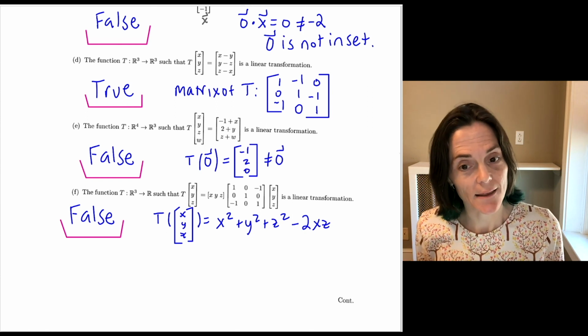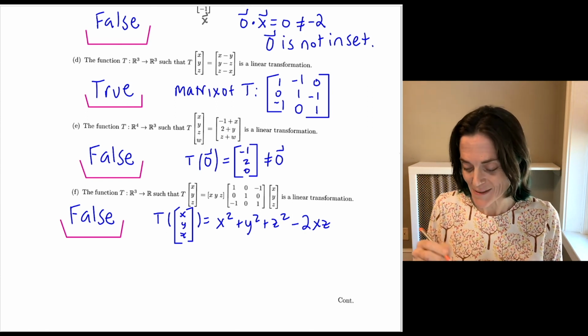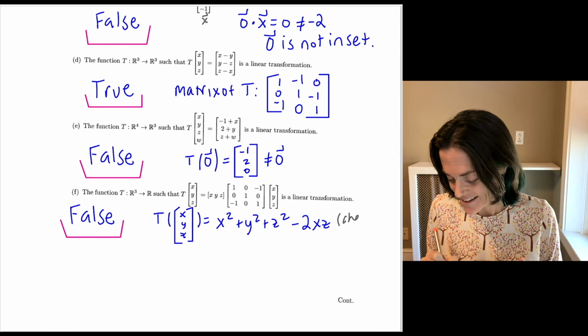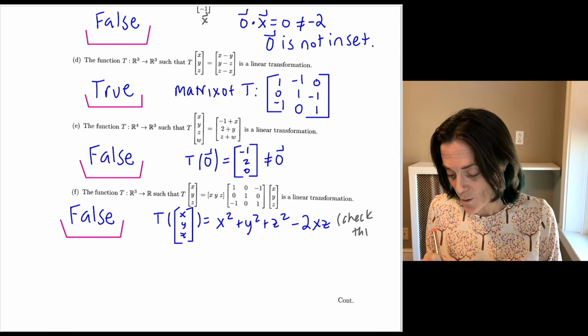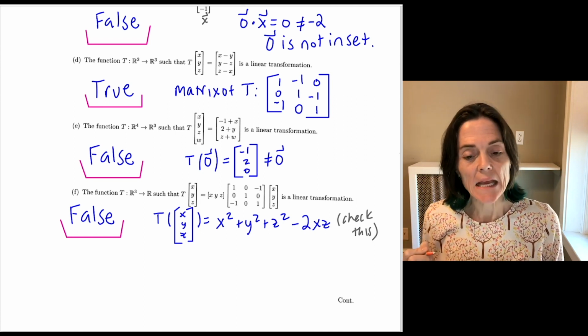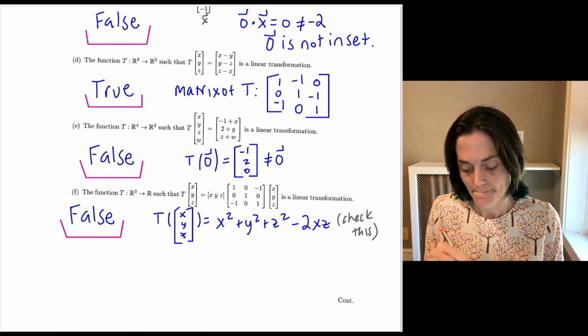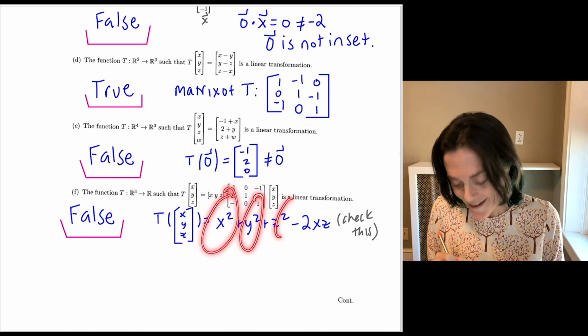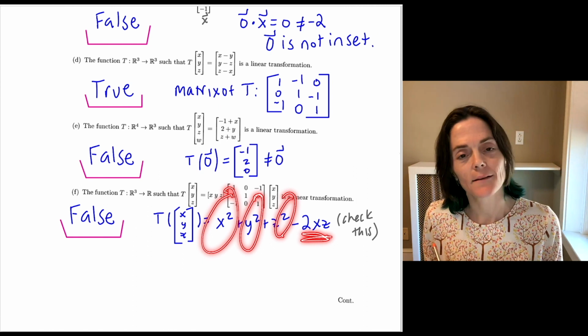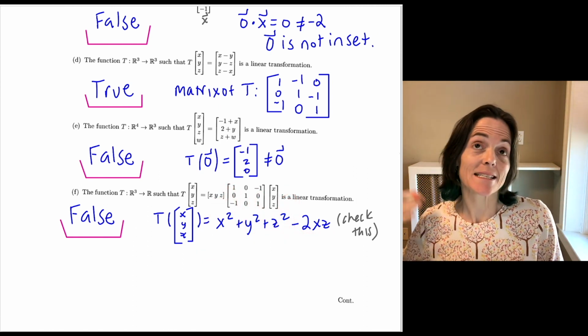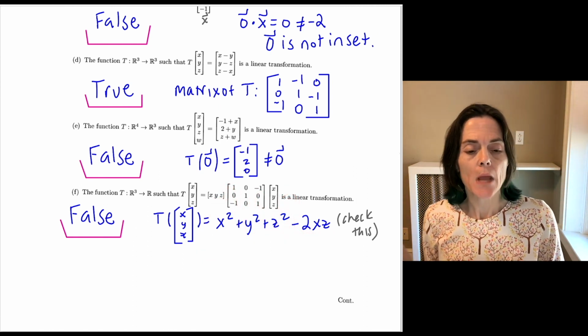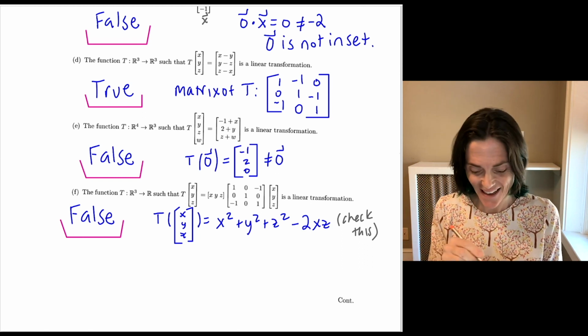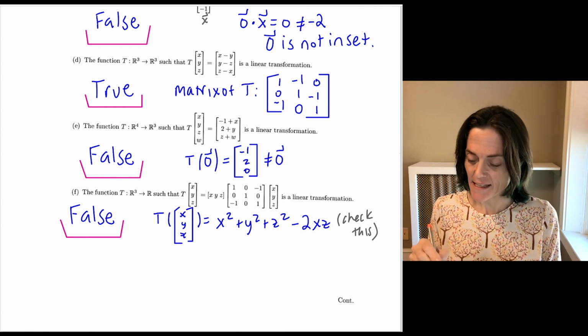I will let you check that for yourself. Now, when I see squares, my intuition says that is not a linear map. But if we actually wanted to justify, let's see.